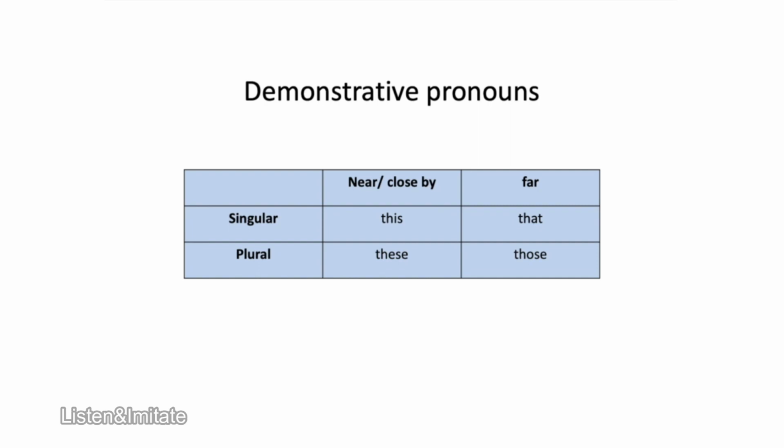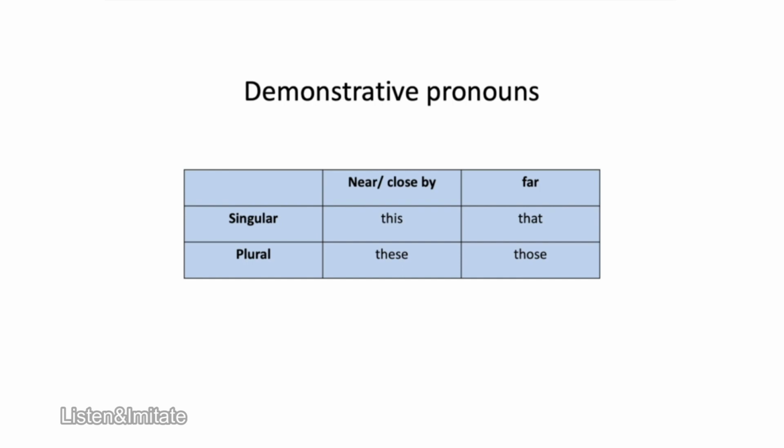A demonstrative pronoun refers to a specific thing to indicate whether it is close or far in space and or time. There are 4 demonstrative pronouns: this, that, these, those.